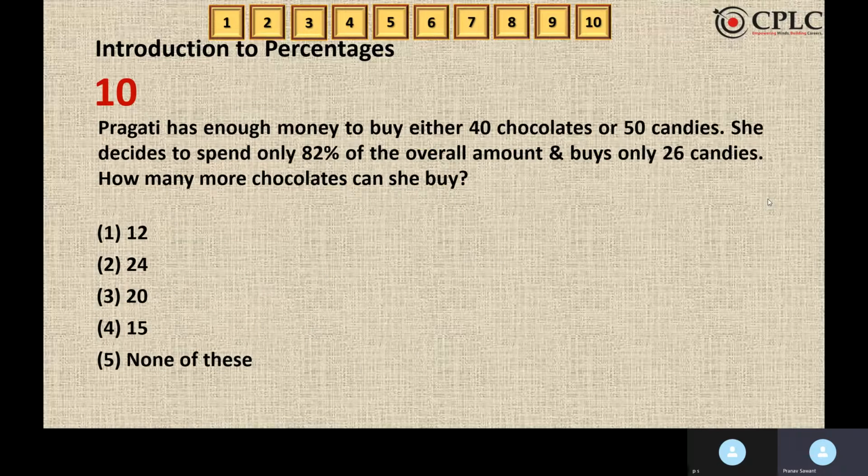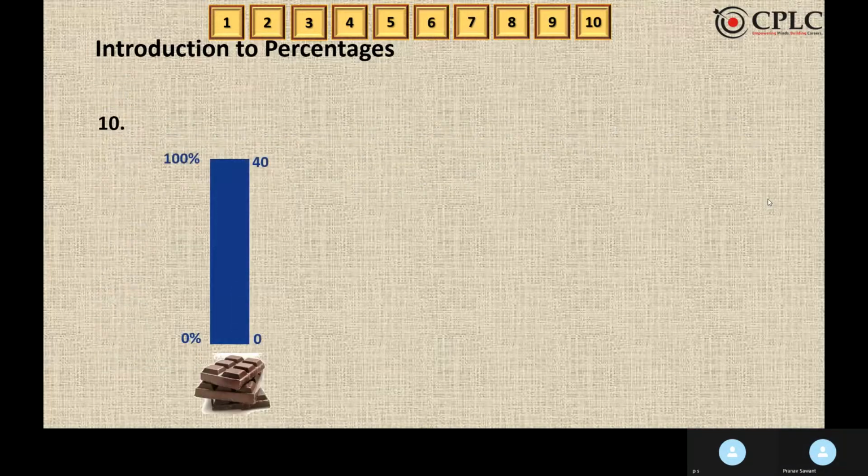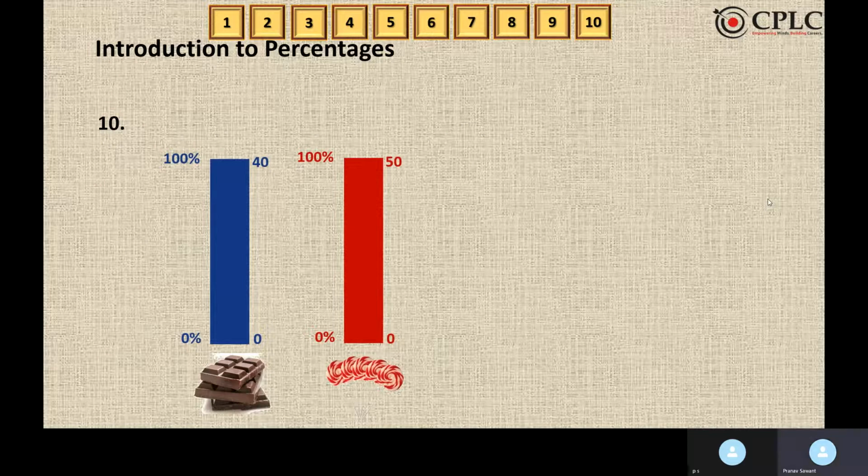Pragati has enough money to buy either 40 chocolates or 50 candies. She decides to spend only 82% of the overall amount and buys only 26 candies. How many more chocolates can she buy? Now, Pragati can only buy 40 chocolates or 50 candies. She can't buy both. She can buy either of the two.